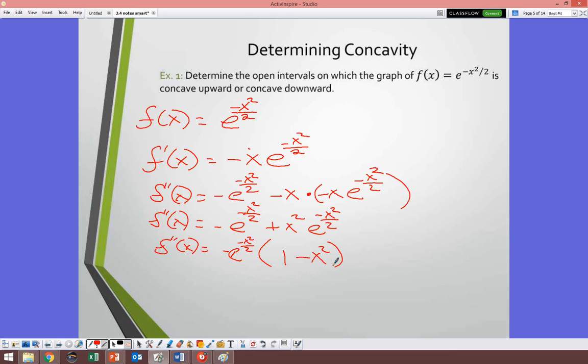So now 0 equals negative e to the negative x squared over 2, and it's going to be 1 minus x and 1 plus x. Oh, that makes sense.